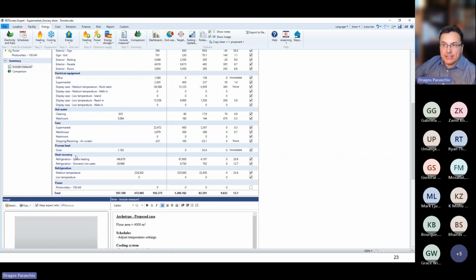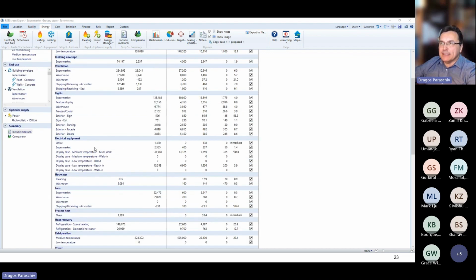That's a measure that we implement as savings. We identify this in grocery stores, and the consumption for process equipment, which is modeled separately here for the refrigeration plant in the grocery store. As a proposed measure, we also analyzed a PV system, a 158 kilowatt system that can fit in this facility here.